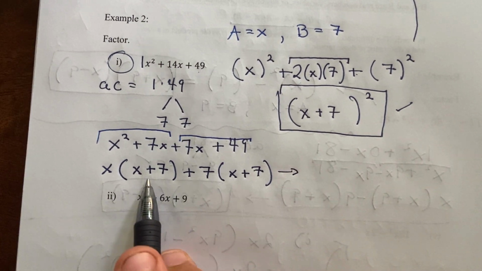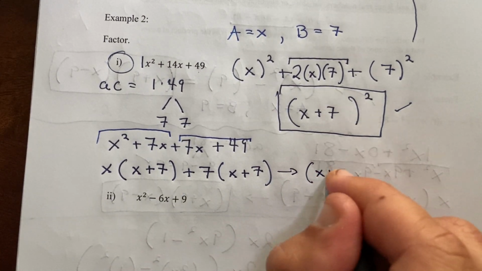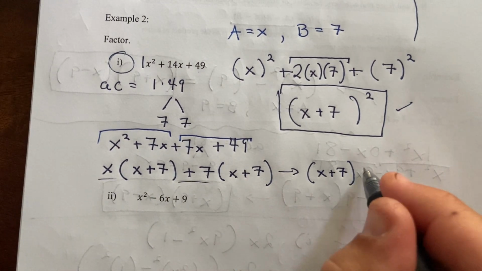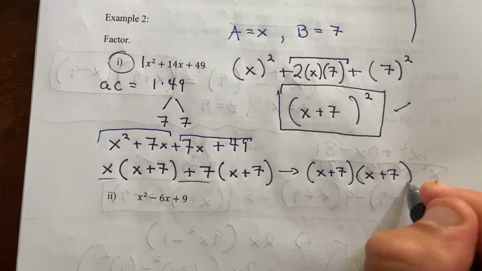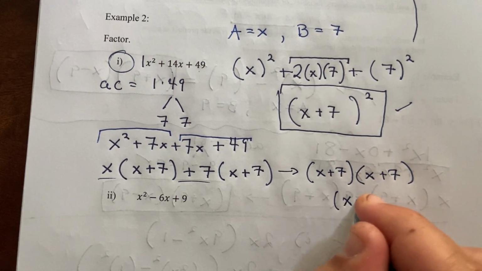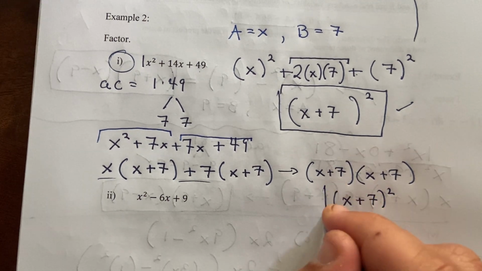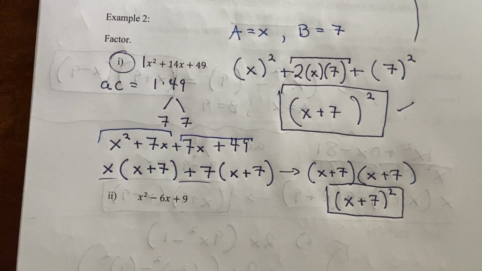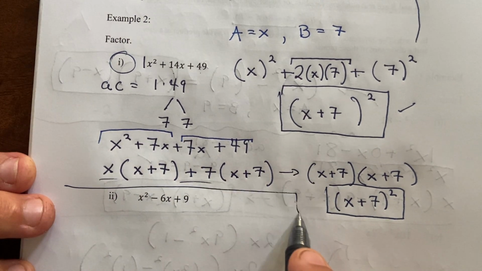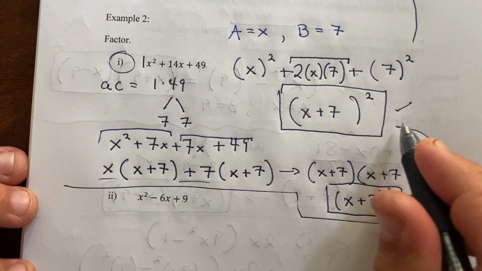When we factor out the commonality of x plus 7, what do we leave behind? x plus 7. Something times itself, we usually write as that something squared. So that's our other approach, and we get the same thing.